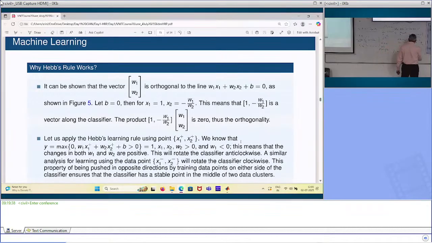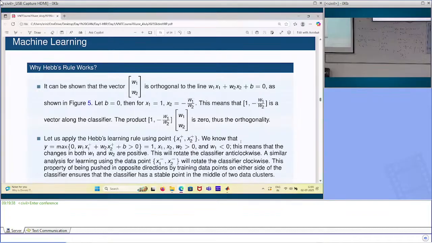Then this vector becomes (2, minus 2 W1 over W2), and the dot product with (W1, W2) goes to 0. So it doesn't matter which x1 you pick up, you will get the same answer. It will give you a vector along that classifier, and that vector is always orthogonal to the vector W1, W2.